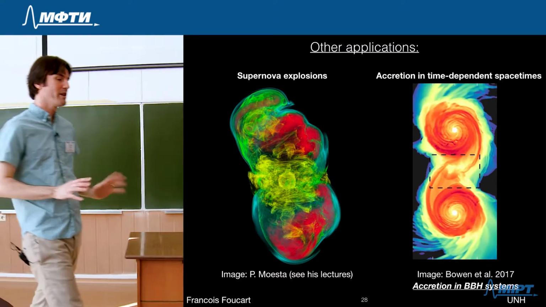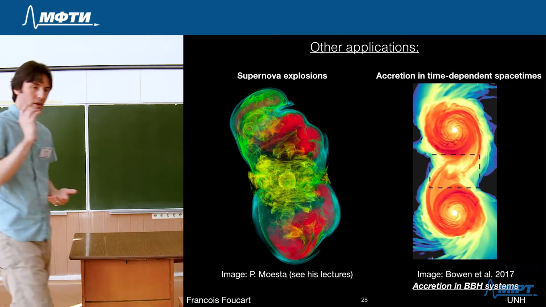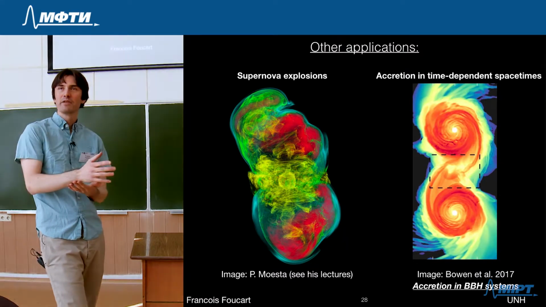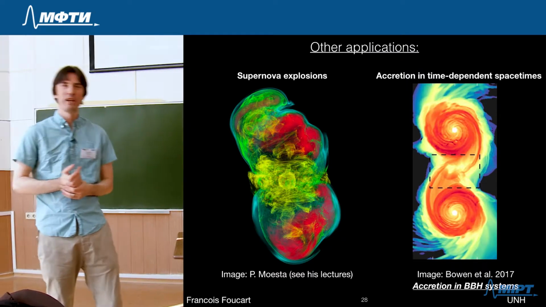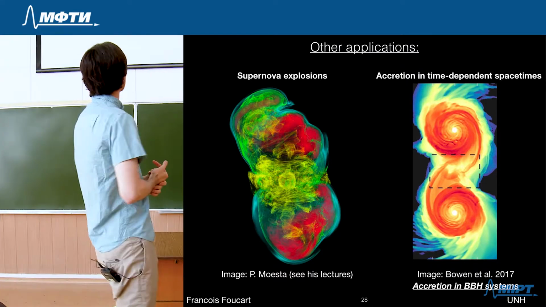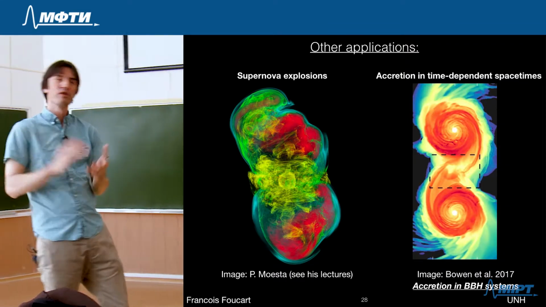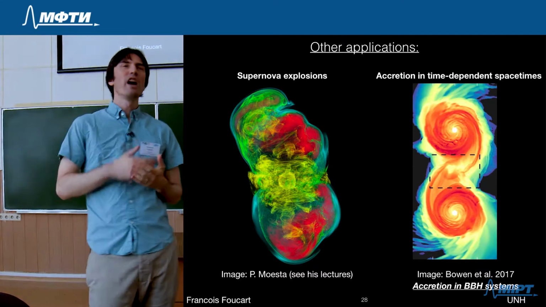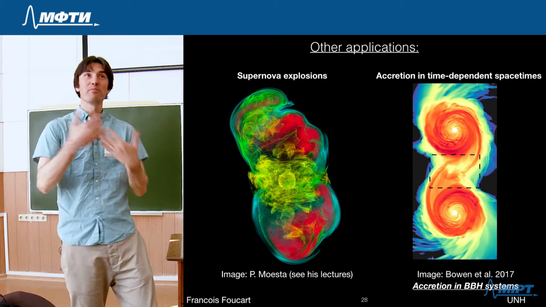Right. And then numerical relativity is not only used for compact binary mergers. It also has applications to other astrophysical systems. It's just that at the moment, people are very excited by compact binary mergers, so that's most of what we are doing. But you can also use numerical relativity to do supernova explosions. In supernovae, general relativity is not the leading order effect in your determination of the explosion mechanism, but it actually does play an important role.